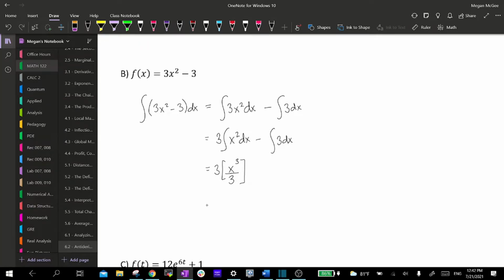Okay. Minus, this is our integral of a constant rule when we just said it was going to be the constant times x. All right. Plus c.